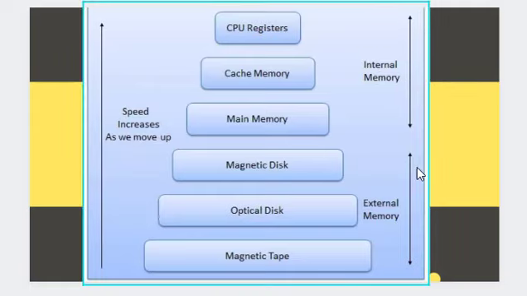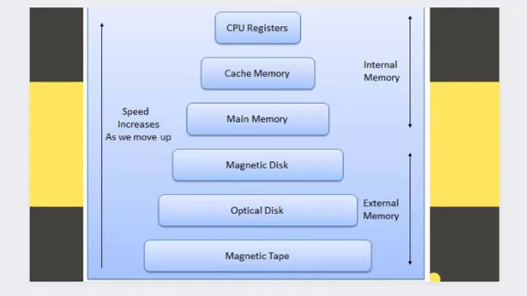Then the external memory is the magnetic disk, optical disk, and the magnetic tape. You can see also here on the side, there's an arrow pointing upward, which signifies that speed increases as we move up the memory hierarchy.